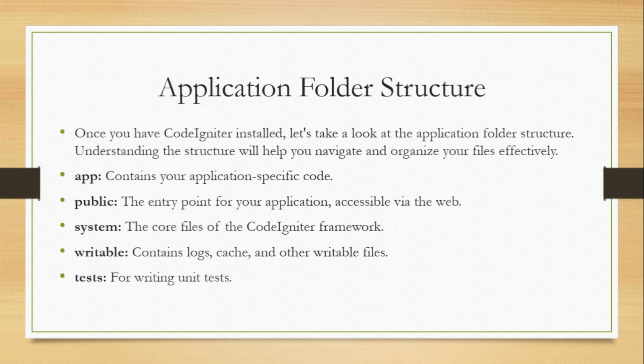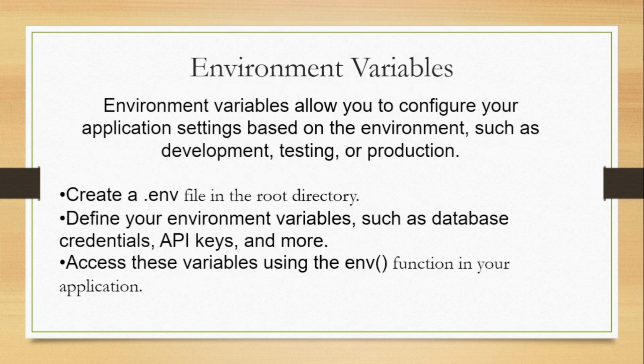It contains the necessary, very important files for the CodeIgniter framework. Writable contains logs, cache, and other writable files. Tests is for writing unit tests. If you want to test any of your functions or methods, then you will write them in tests.